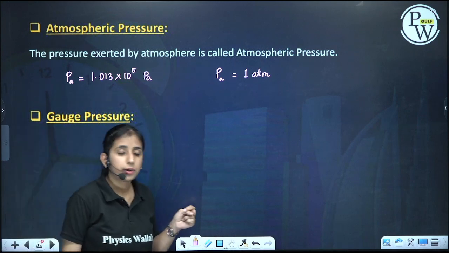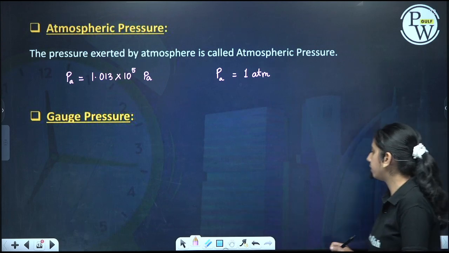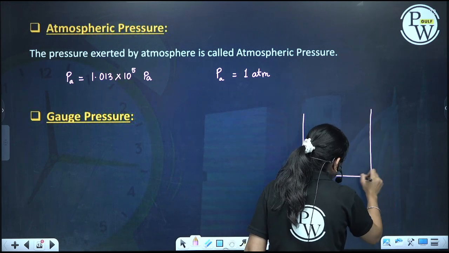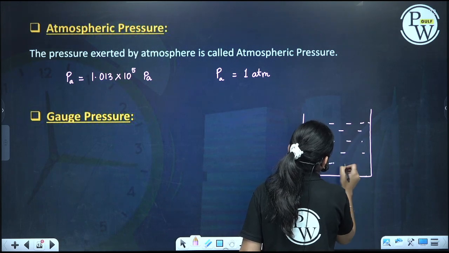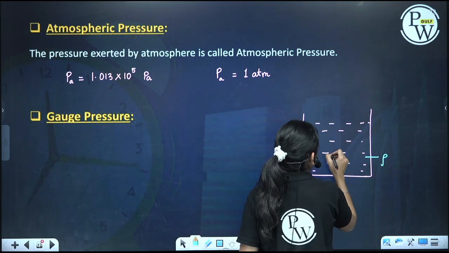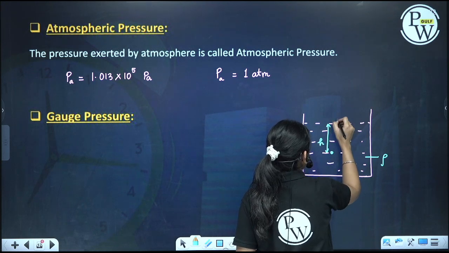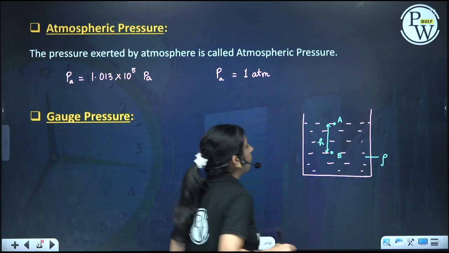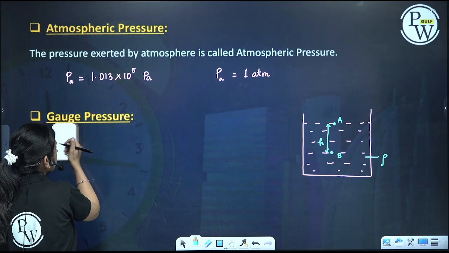Now what is the gauge pressure? See, in this previous diagram, we have a liquid column in which a liquid of density rho is filled. We consider a point at a height h below the surface. So consider 2 points A and B. Pressure at A will be equal to atmospheric pressure.